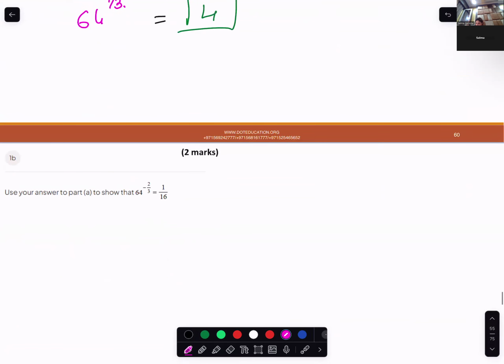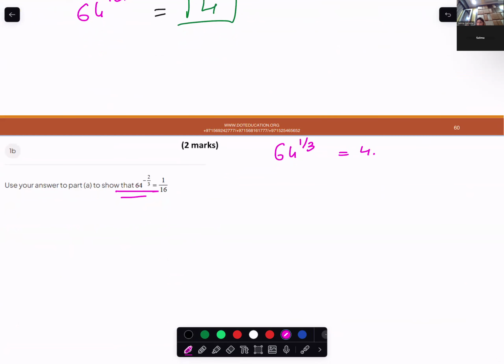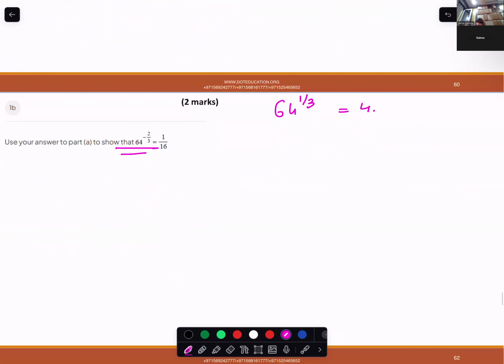Use your answer to part A. Your part A answer was 64 raised to 1 by 3 is equal to 4. To show that 64 raised to minus 2 by 3 is equal to 1 by 16.